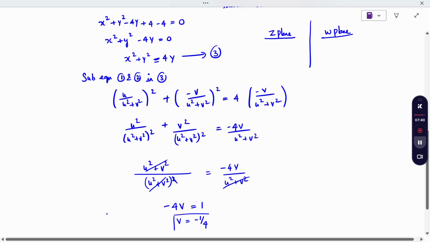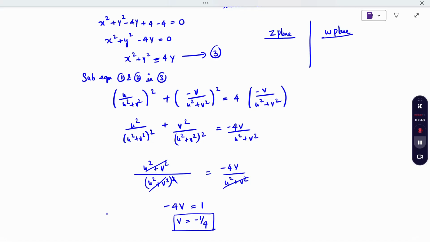I am not getting u at all. If we get only v equal to a constant, it means it's a straight line. Because x equal to 1, how will you draw it? v equal to minus 1 by 4 may confuse you.